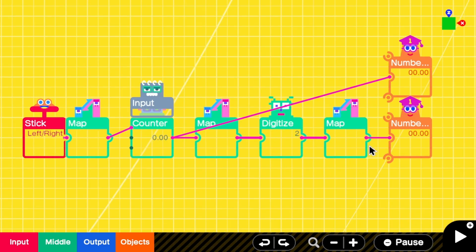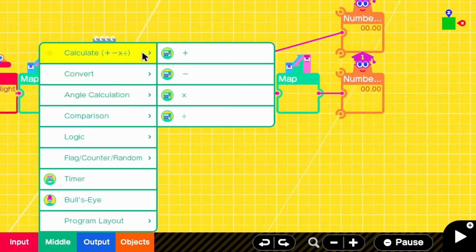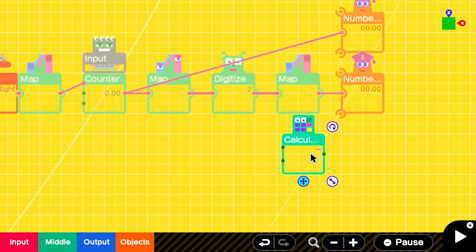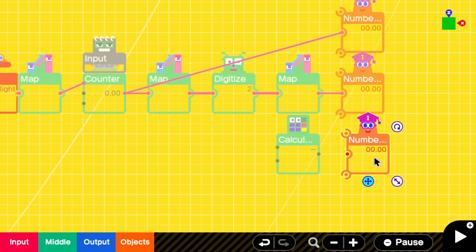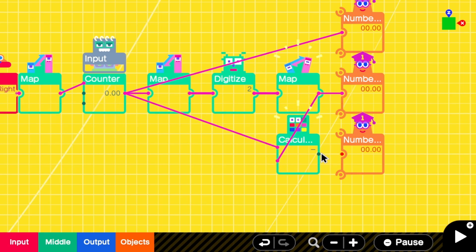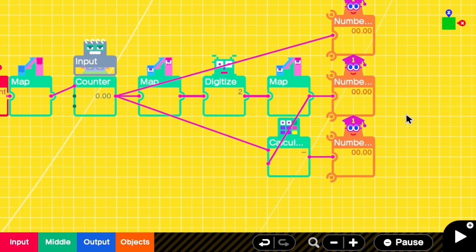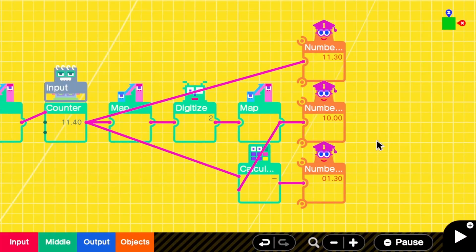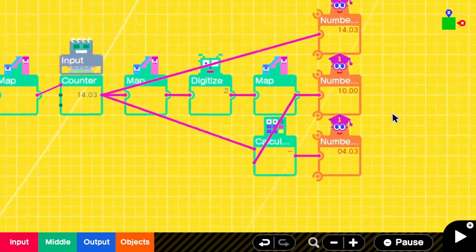One more cool thing that we can do with this setup is take this minus calculator, take the input here and subtract it by our output. You'll see that this new output at the bottom is actually the remainder of our value.